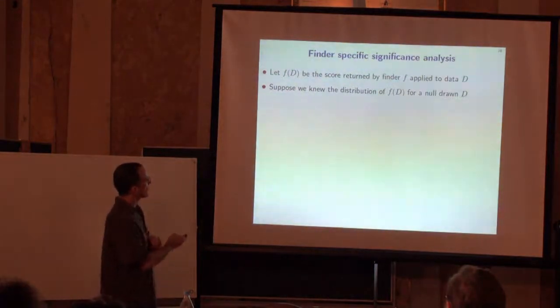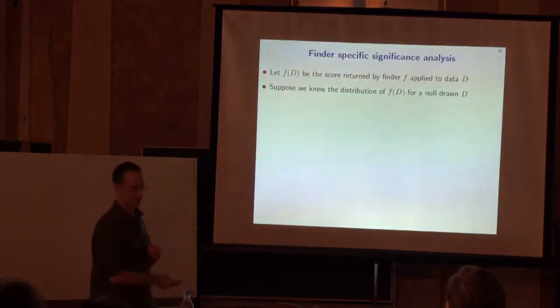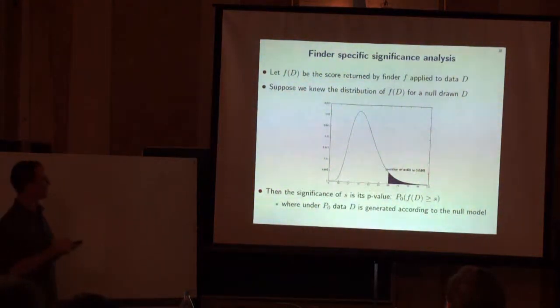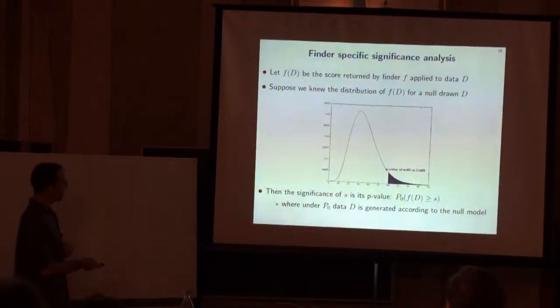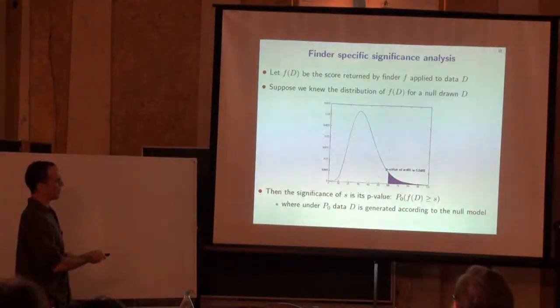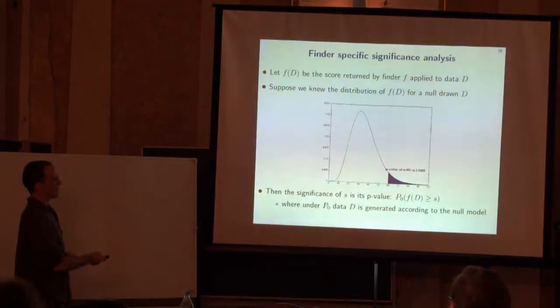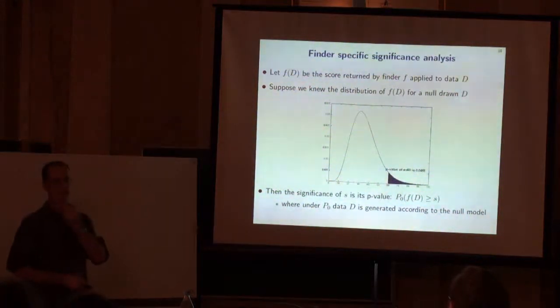If I knew this distribution of f of D for a null-drawn data set D, then I could report a finder-specific p-value. Under the null model, the data is generated according to our null generation model. What's the probability that the finder applied to this random data set will exceed the observed score S?